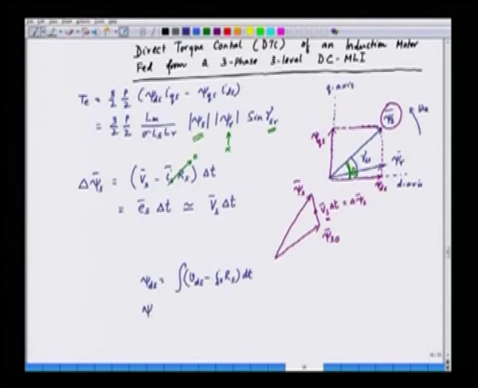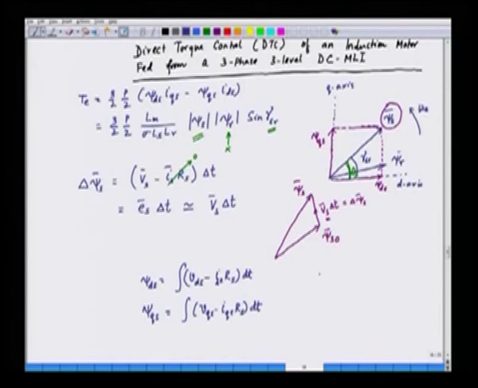Similarly, psi qs is obtained by integrating VQS minus IQS RS dt. The applied voltages VDS and VQS are known, so we can find psi ds and psi qs.